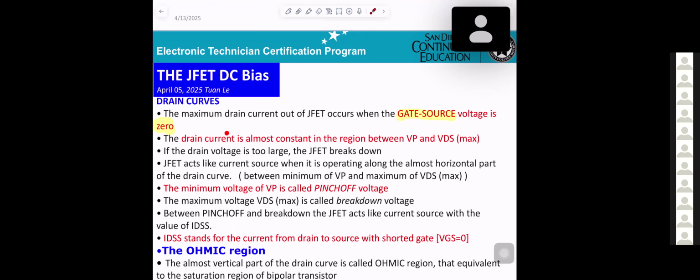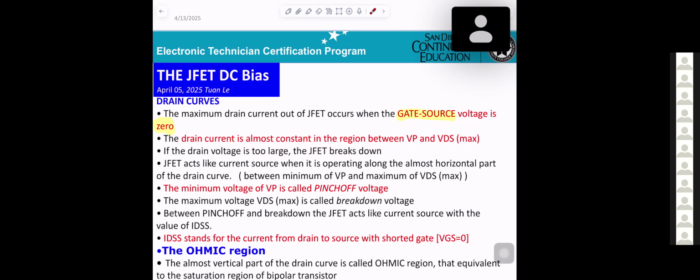The drain current is almost constant in the region between VP and VDS max. And VP is given by the manufacturer, we cannot make it. If the drain voltage is too large, the JFET will break down.